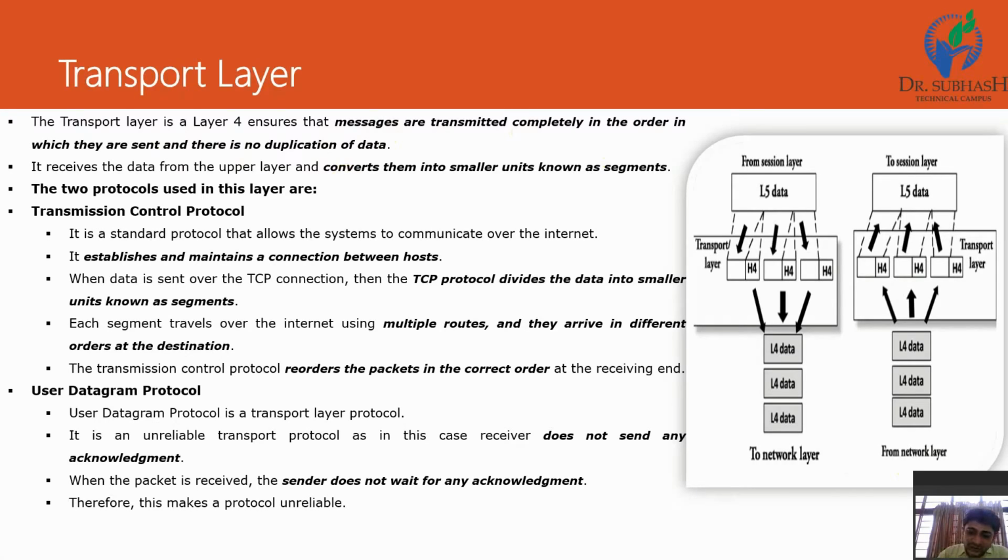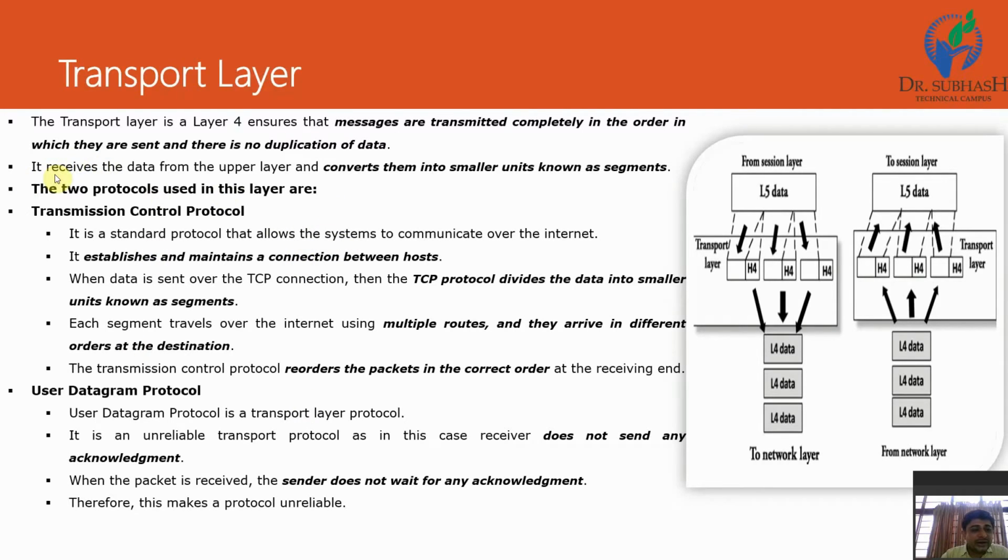Its core functionality is to check that complete data is passed from source to destination without any duplication. Duplicate data may not be considered as the original data, so at the transport layer, it removes the duplication.